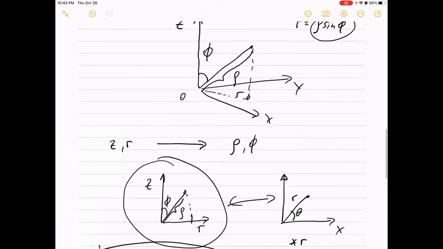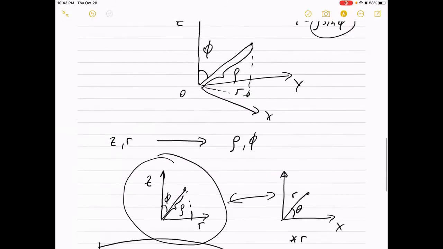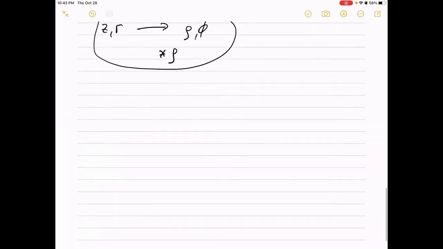So we collect that information with what we have before. We have essentially a way to switch from a triple integral in regular x, y, z coordinates over region E to a triple integral in spherical coordinates. I'm going to call it over U, which is essentially E, but written in spherical coordinates.